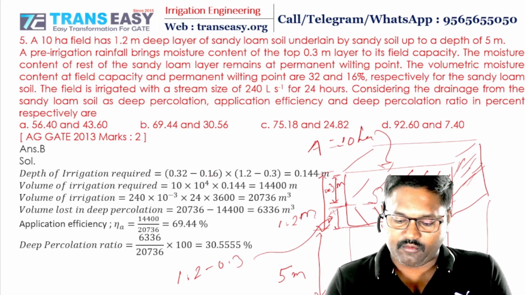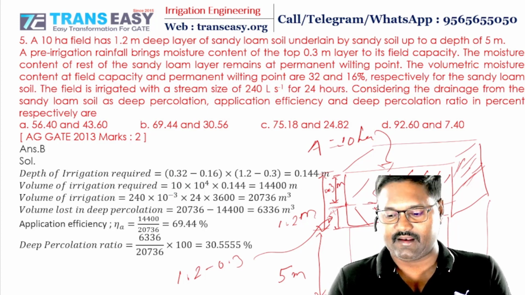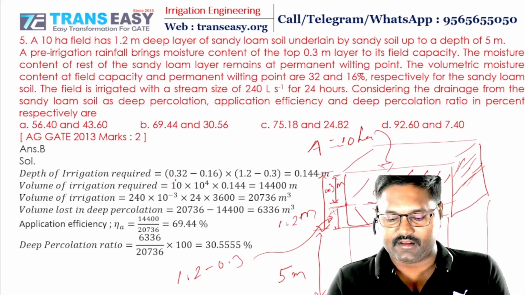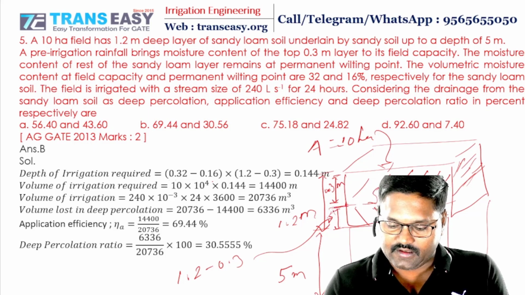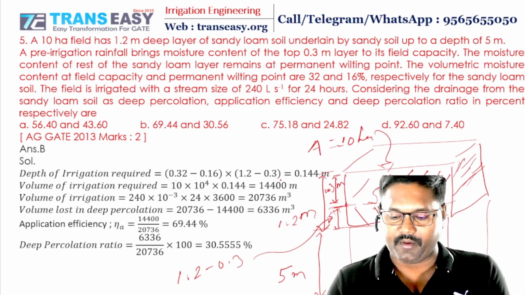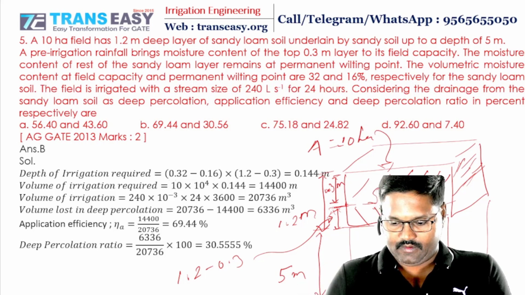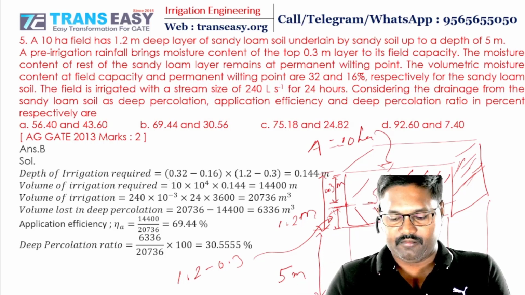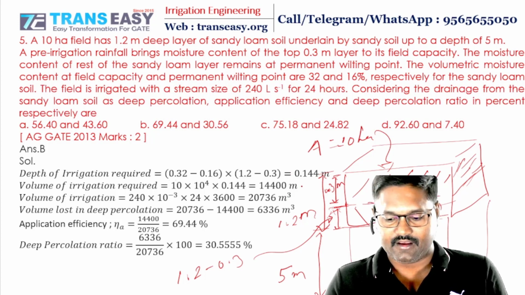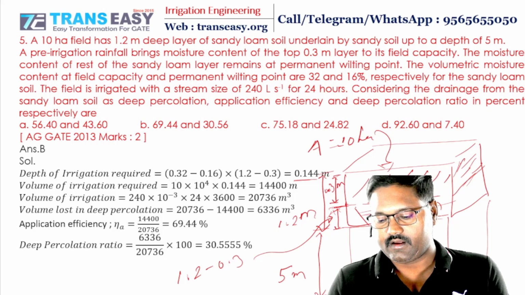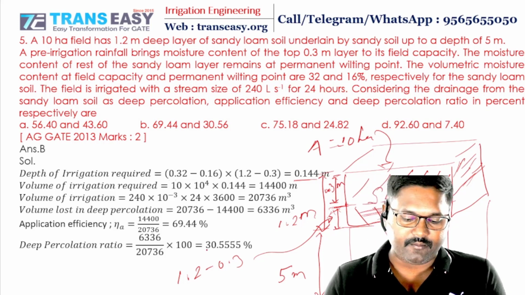Permanent wilting, because initially before irrigation its moisture content is at permanent wilting point, so 0.32 minus 0.16 into this depth, 1.2 minus 0.3, because moisture contents are given on volume basis, so no need of Z. So this is depth of irrigation required to bring the moisture content of this remaining depth to field capacity.